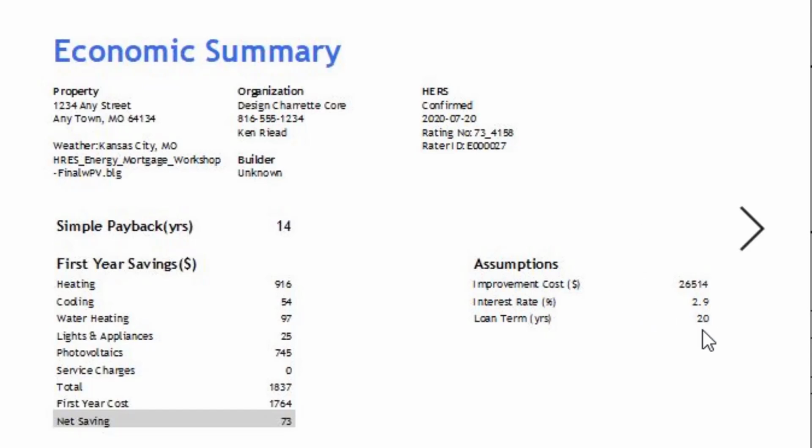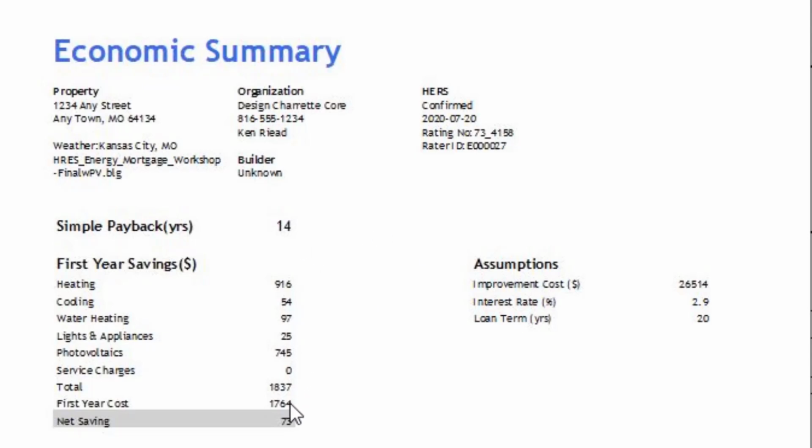But we only used a 20-year loan term on this one and a 2.9% interest rate. So we made it a little harsher, and we still have a 14-year simple payback. So all the improvements, including the photovoltaic system, pay back for themselves in less than the 20-year loan term. It pays back in 14 years.